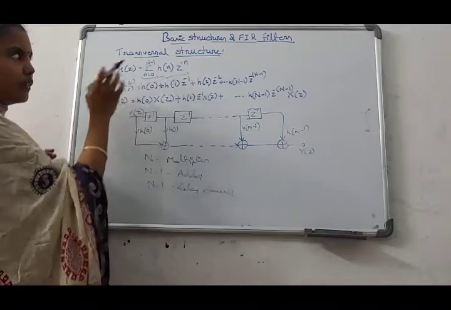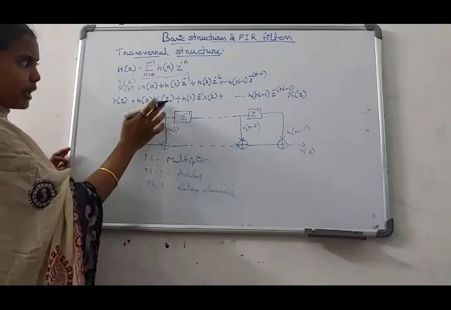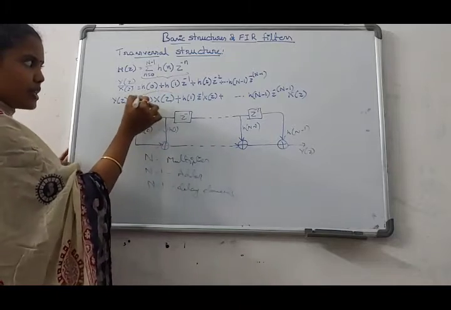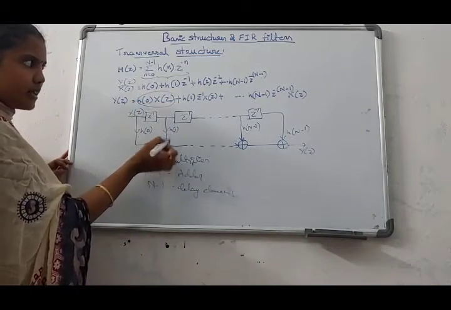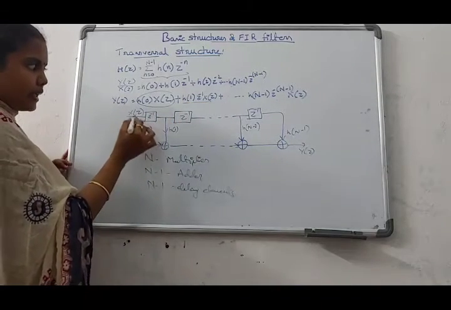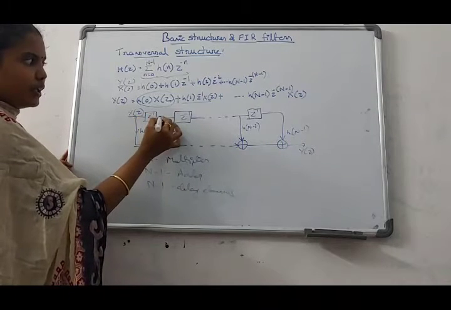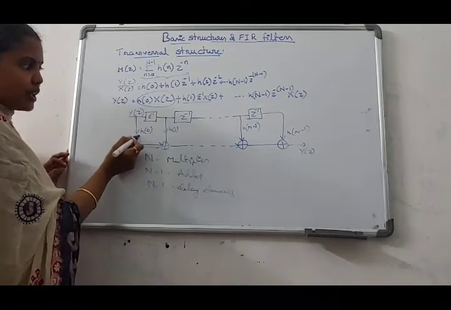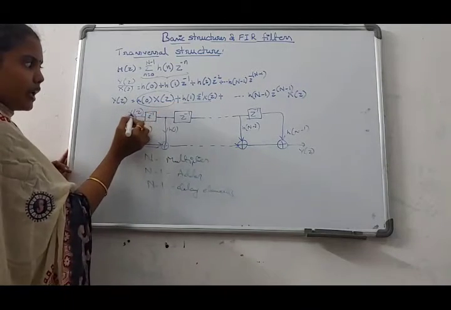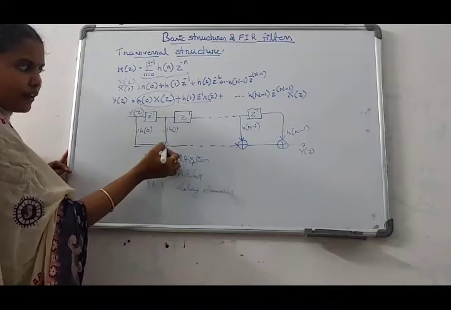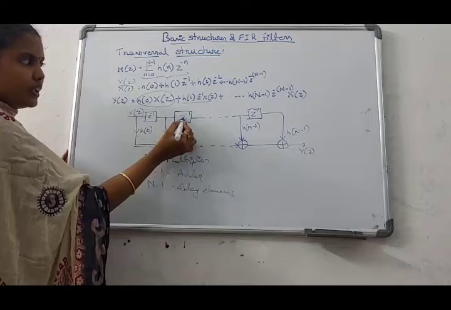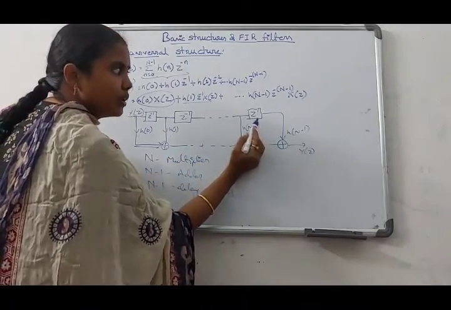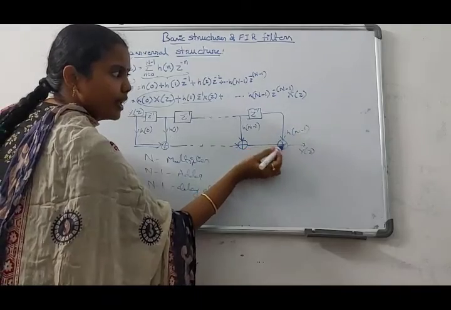Now you have to draw the structure of the transversal. The input is X of z, multiplied by h of 0 and by z inverse, with a summation. How do we get this? The first part is X of z into h of 0, plus the next part, X of z into z inverse into h of 1, plus the next part, X of z, z inverse, h of 2, plus and so on up to z inverse into h of N minus 1 into X of z.